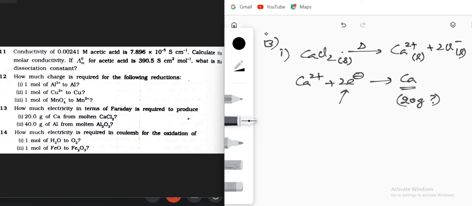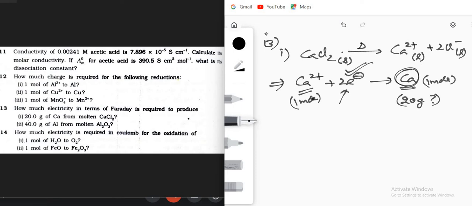What Faraday of electricity is required? Right? Very simple. According to this equation, 1 mole of calcium ion gains 2 moles of electrons and is reduced to 1 mole of calcium. So to get 1 mole of calcium, you require 2 Faraday of charge.